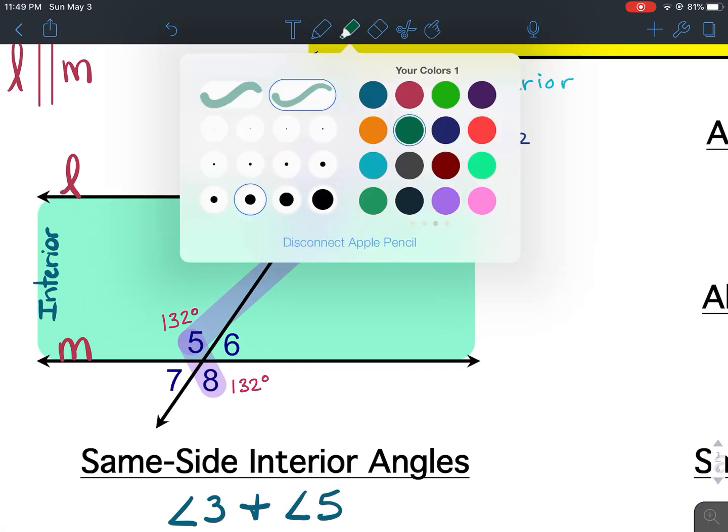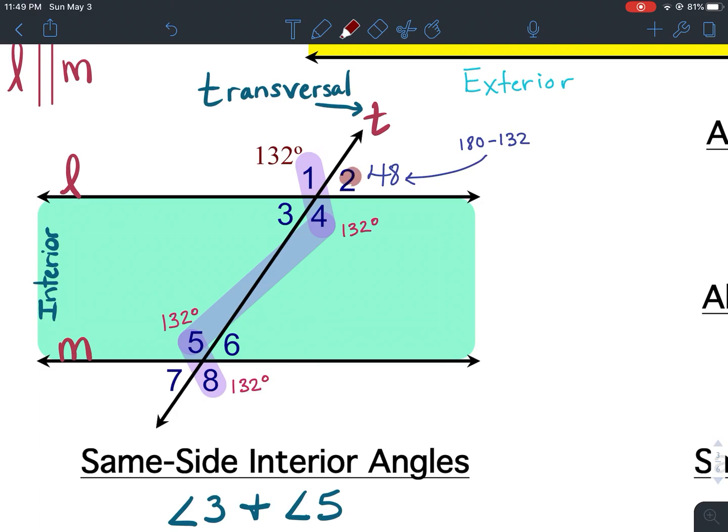Now, I could draw a zigzag on the other side. 2 and 3 are vertical angles, making them congruent. 3 and 6 are alternate interior angles. They are congruent. 6 and 7 are vertical angles. They are congruent. So, if angle 2 is 48 degrees, then all of the angles that fall on this zigzag are 48 degrees.